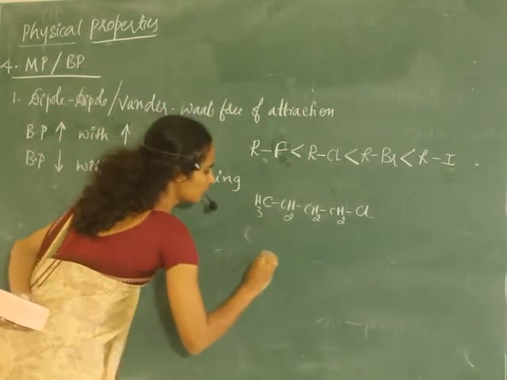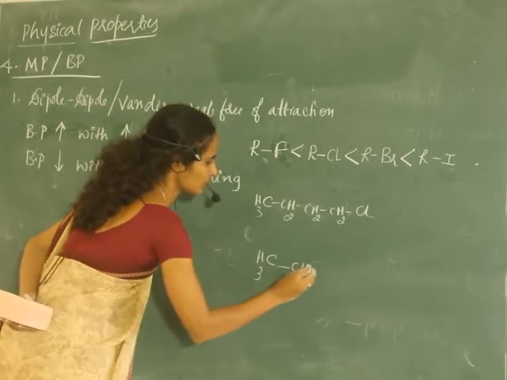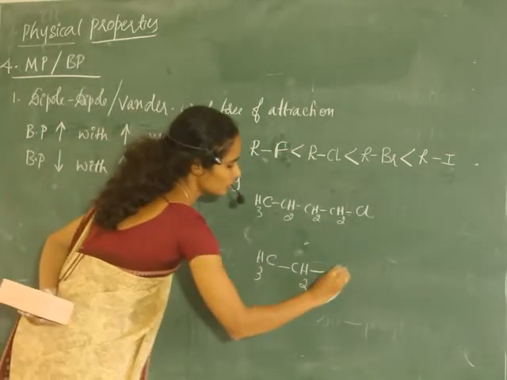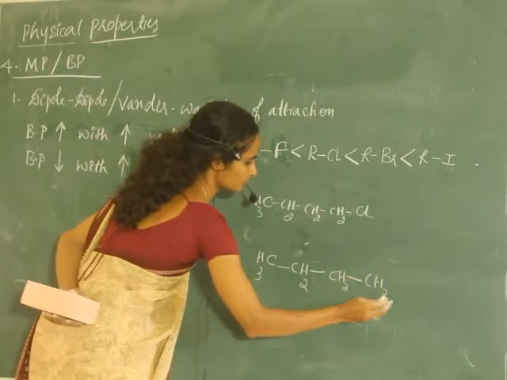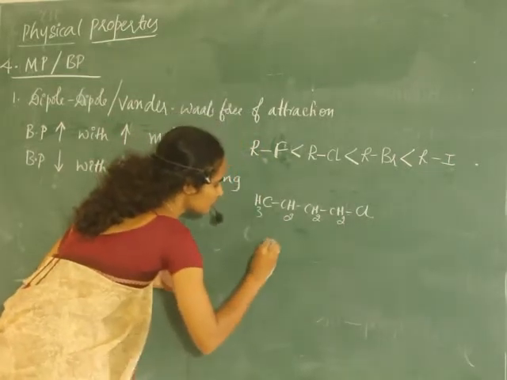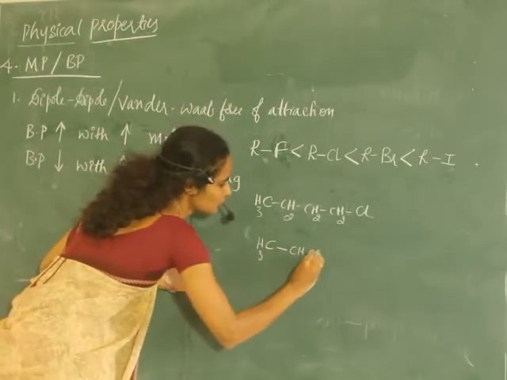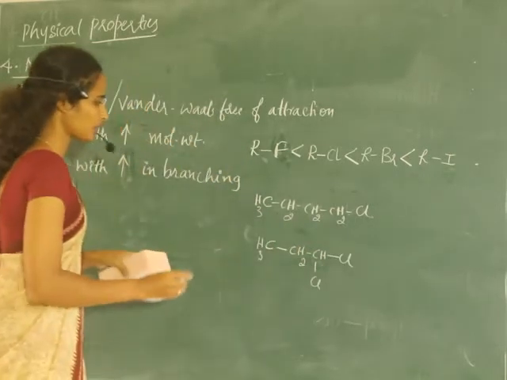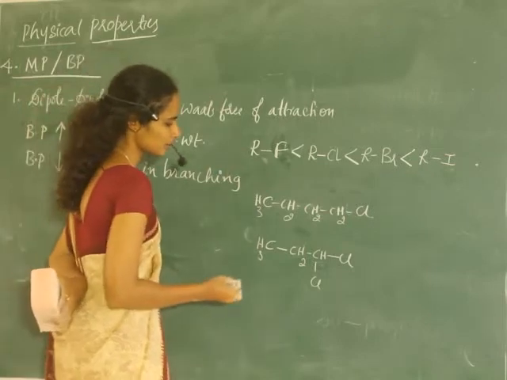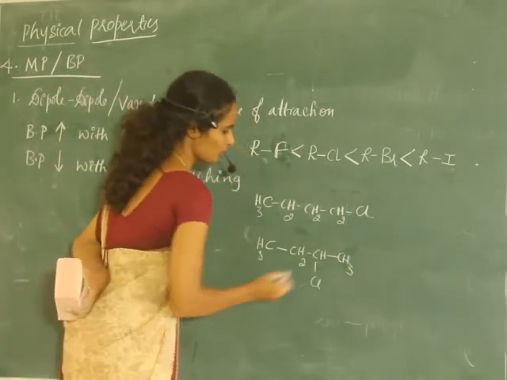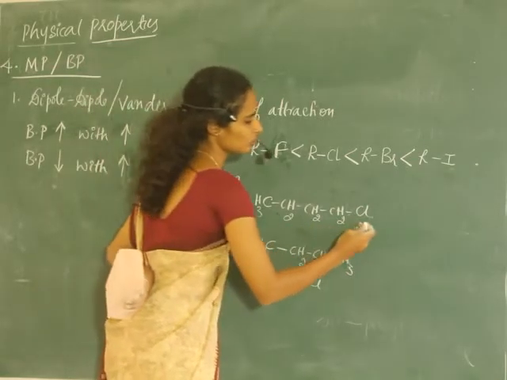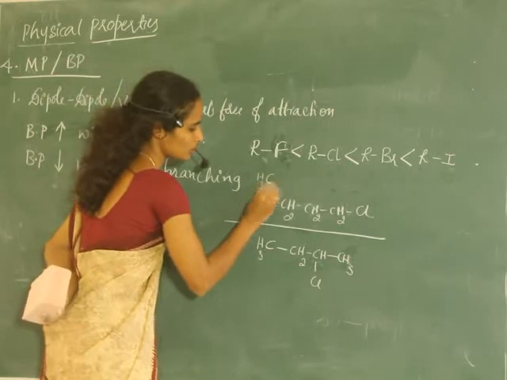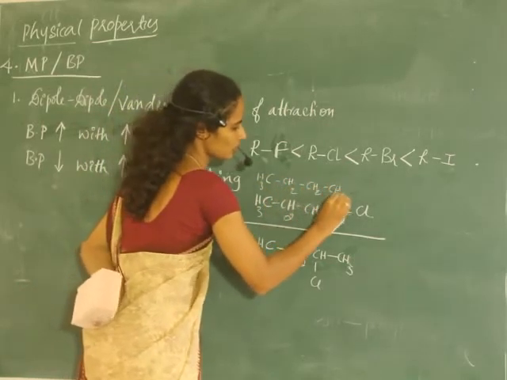One more example, I'll write this isomer, a branched one with CH3, CH2, CH2 and Cl. If I take this straight chain compound, there will be one more molecule, CH3, CH2, CH2, CH2 and Cl.